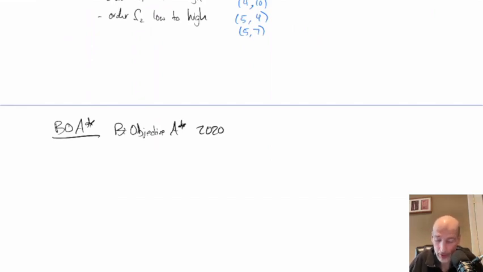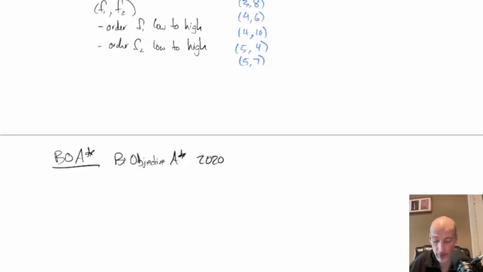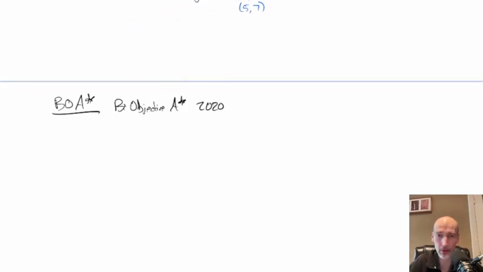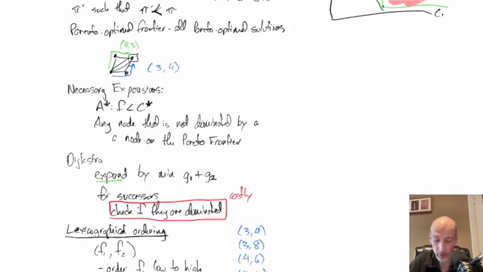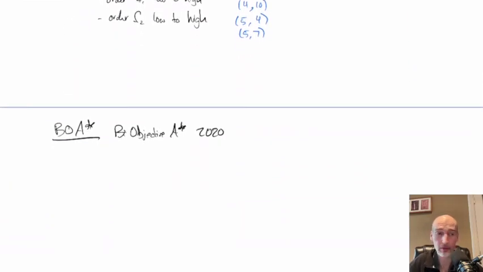What this algorithm does, which I think is quite interesting, is take advantage of lexicographical ordering to simplify the A star search in a bi-objective problem, though this only works for bi-objective problems. It improves the dominance checks, basically avoiding multiple dominance checks that might occur at a node, and that gives a nice speed up in practice. Okay, so we'll talk about how we do this.